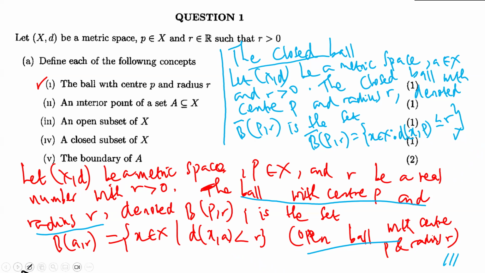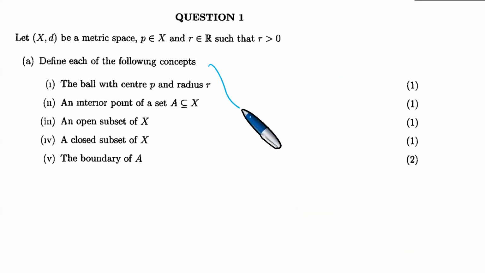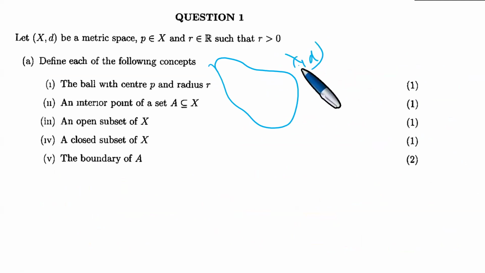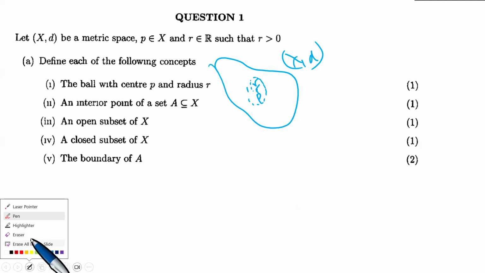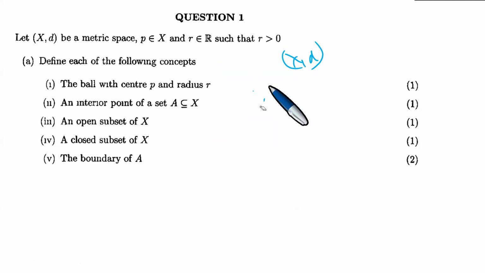Now what we then do with this, if you have a region like this, you can have a metric space, which is a space. This is the space, the metric space. And therefore you can have the center P and the radius R. So that would be the center P and the radius R. By the metric space, one would mean this set.